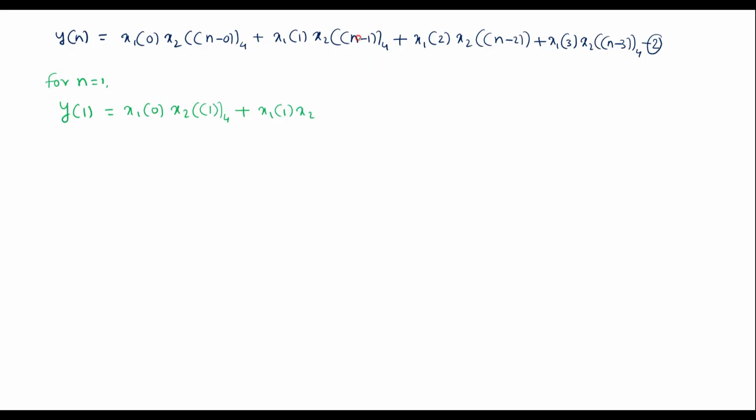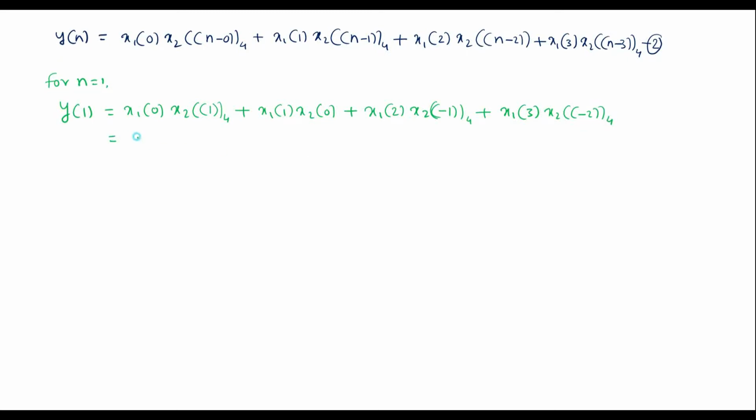x2 of 1 minus 1 is 0 plus x1 of 2, x2 of 1 minus 2 is minus 1, 4 plus x1 of 3, x2 of 1 minus 3 is minus 2, 4.